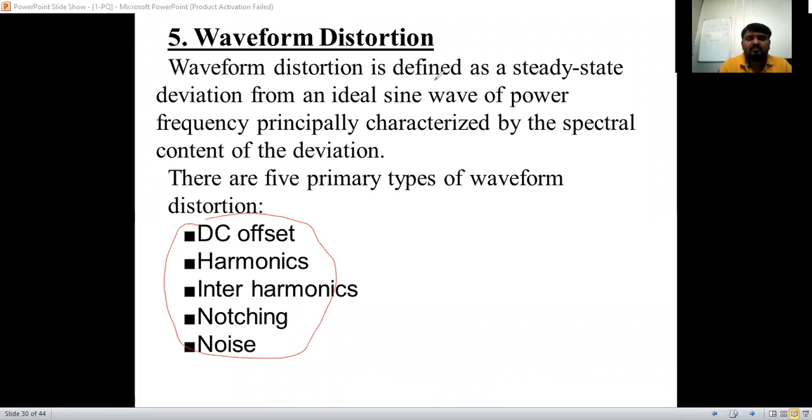Waveform distortion is defined as a steady-state deviation from an ideal sine wave of power frequency, principally characterized by the spectral content of the deviation.